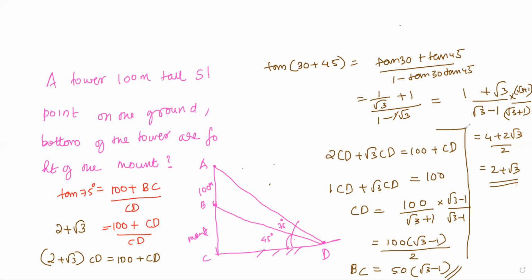You can learn by heart the value of tan 75. Tan 75 is nothing but 2 plus root 3. If you know the value directly, you can just substitute it; no need to go for the formula. So the answer is BC, the height of the mound, is 50 into (root 3 minus 1).